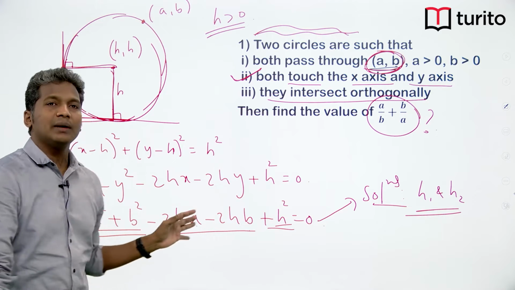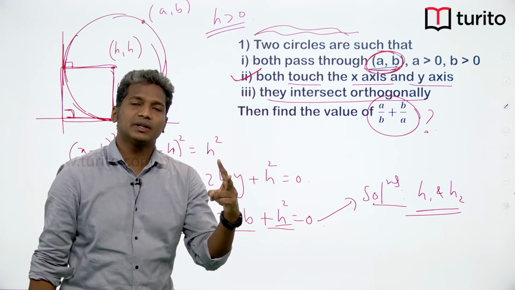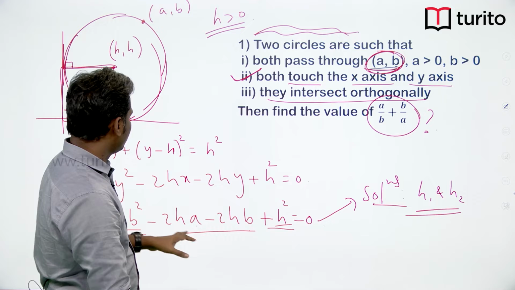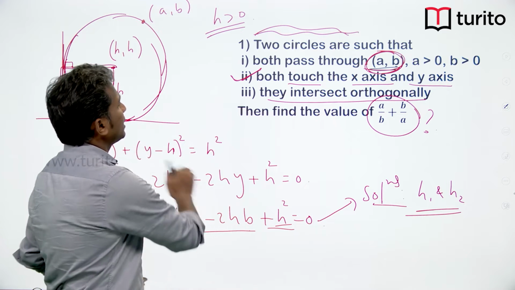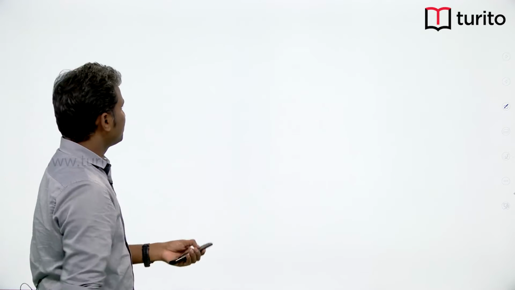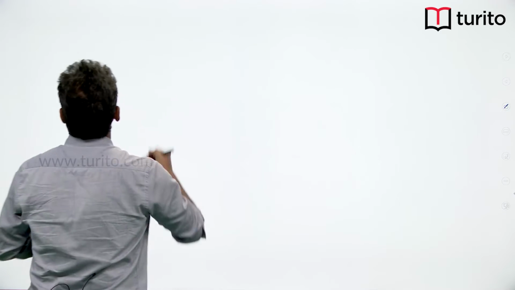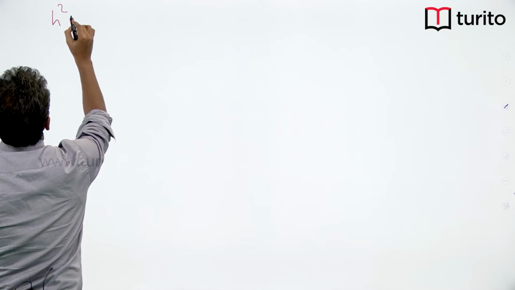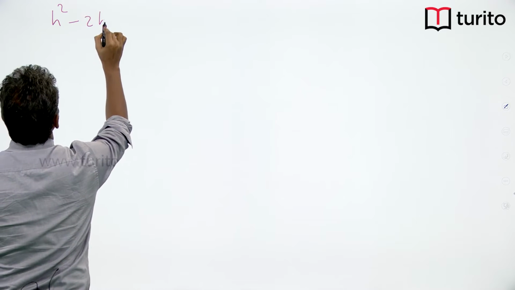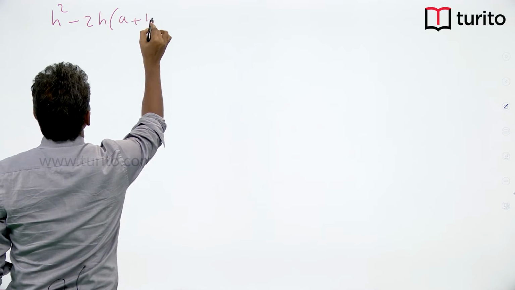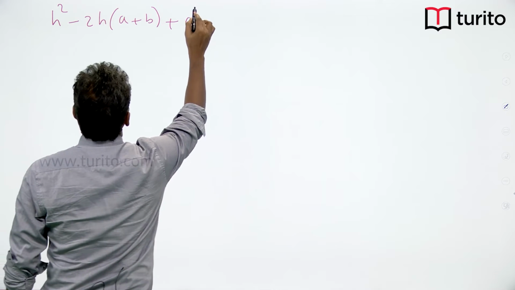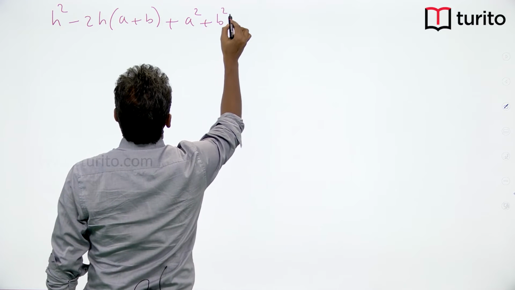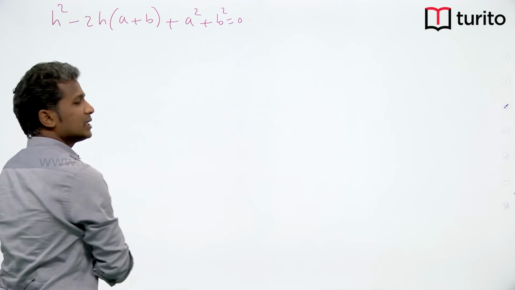So, from this I am supposed to get two solutions for H. Now, I will just take the complete workout in the next page. So, the equation I got was this: H square minus 2H into A plus B plus A square plus B square is equal to 0. This is the equation I got.